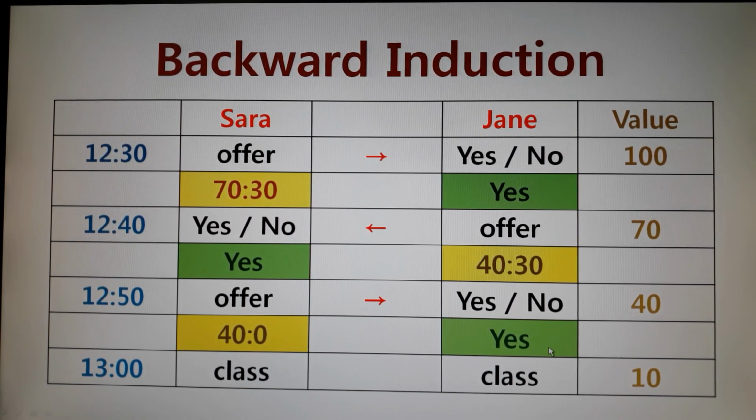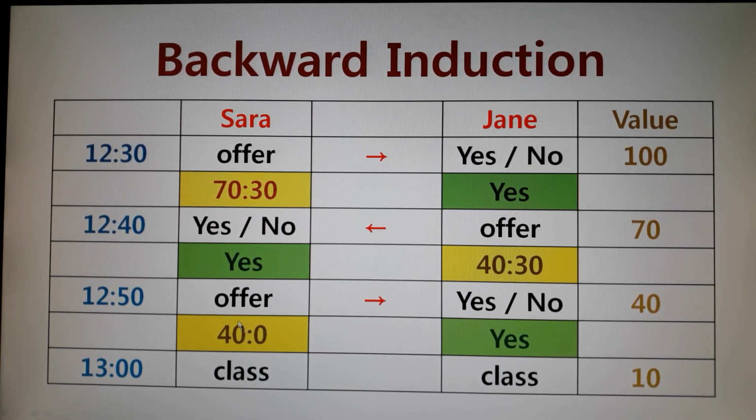Knowing that, backward induction, we are starting from 12:50 and move on to 12:30. Knowing that, Jane knows that any offer less than 40, Sarah will reject it because Sarah can definitely get almost 40, actually 40 at 12:50. So the least amount of offering Sarah would say yes to at 12:40 would be 40.